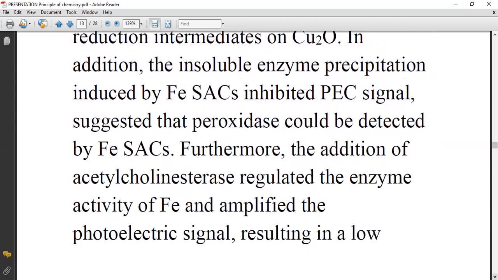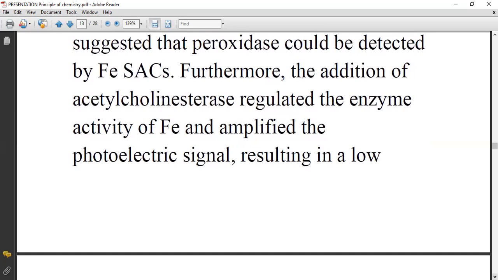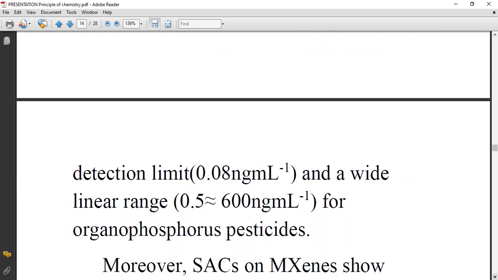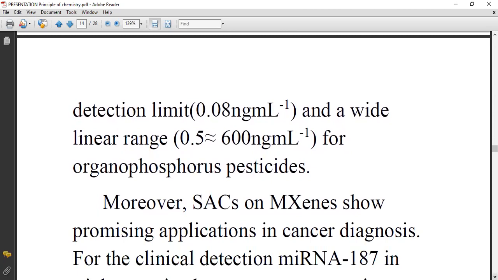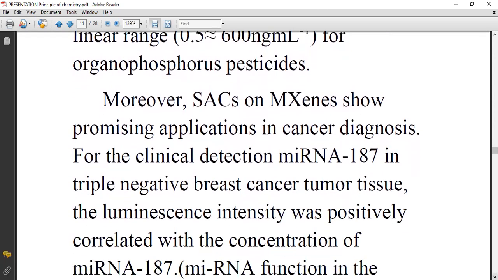In addition, the insoluble enzyme precipitation induced by iron SACs inhibited the PEC signal, suggesting that peroxidase could be detected by iron SACs. Furthermore, the addition of acetylcholine citrate regulated the enzyme activity of iron and amplified the photoelectric signal, resulting in a low detection limit and a wide linear range for organophosphorus pesticides.